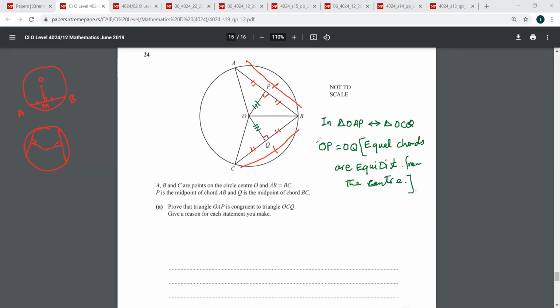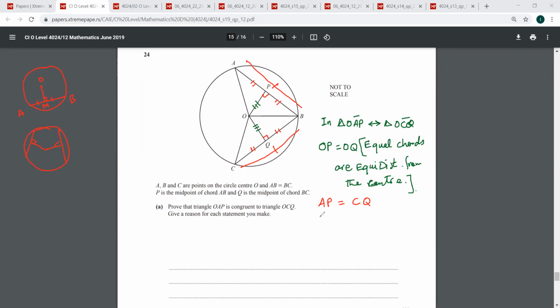So we have shown one measure equal to another measure. Okay. And secondly, I can say that this AP is equal to this CQ over here. So I would be writing that AP from here, that is equal to CQ in the other triangle.